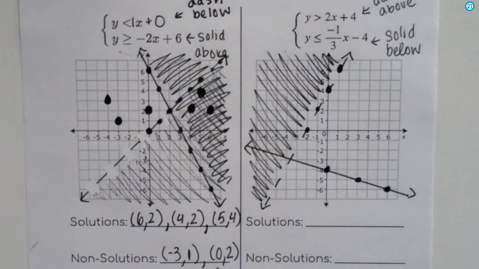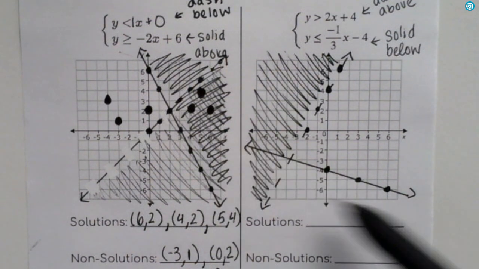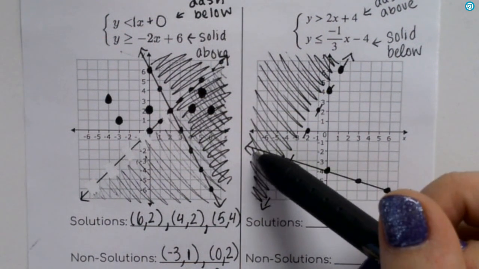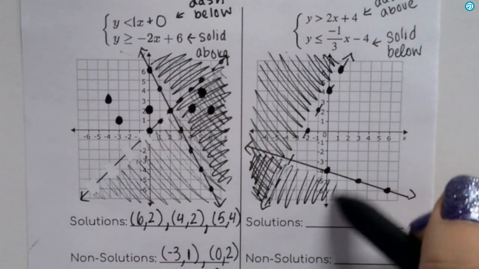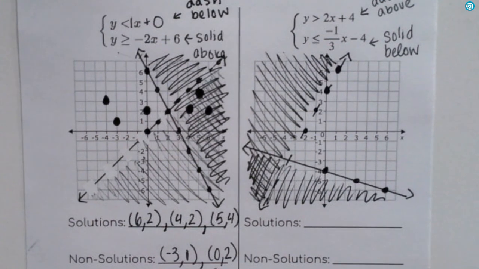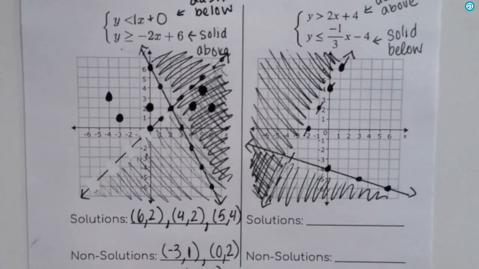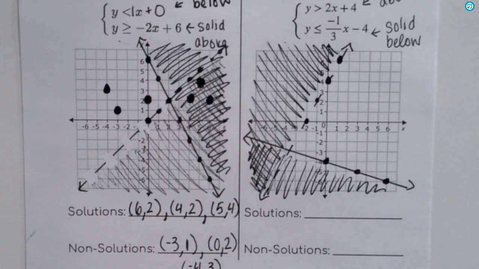And then I am shading everything below that solid line. So that's where that line is. Everything below is going to start here, go all the way across.